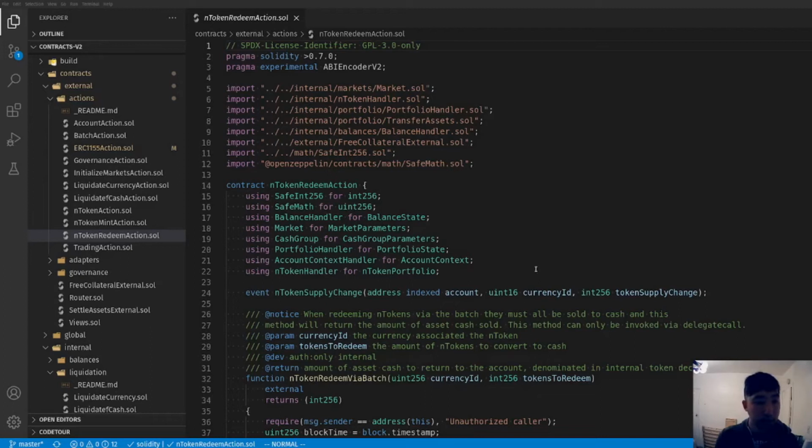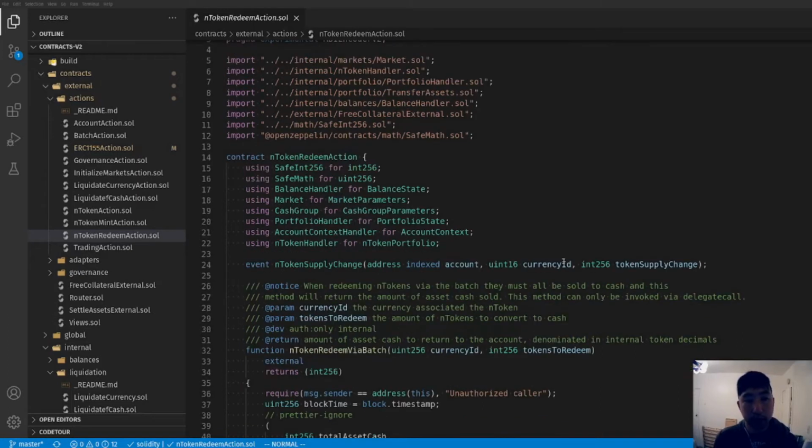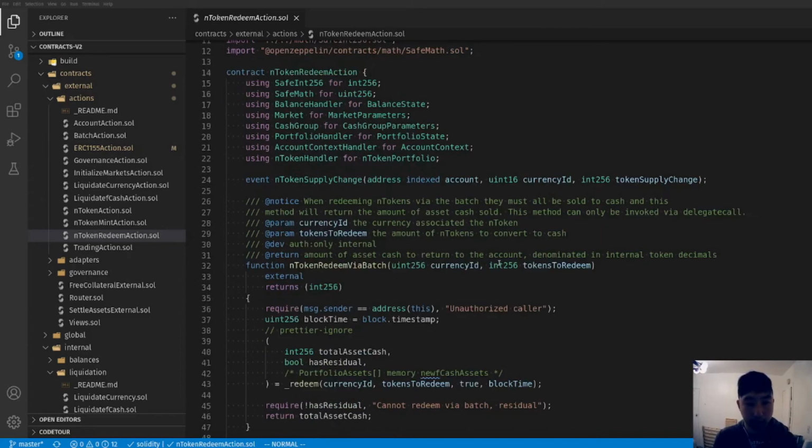So now I'll talk about the nToken redeem action. nToken redeem is done when a user wants to convert their nToken balance back into the underlying. So if you're providing liquidity via nDAI and you want to get your DAI back out, this is the method that'll be called.